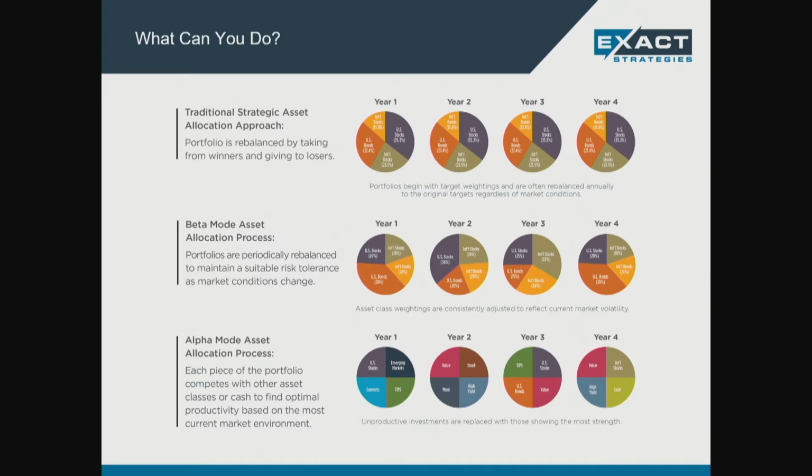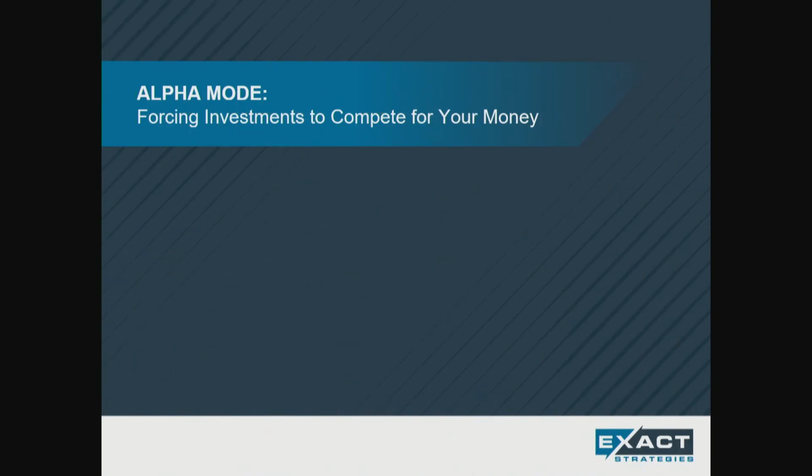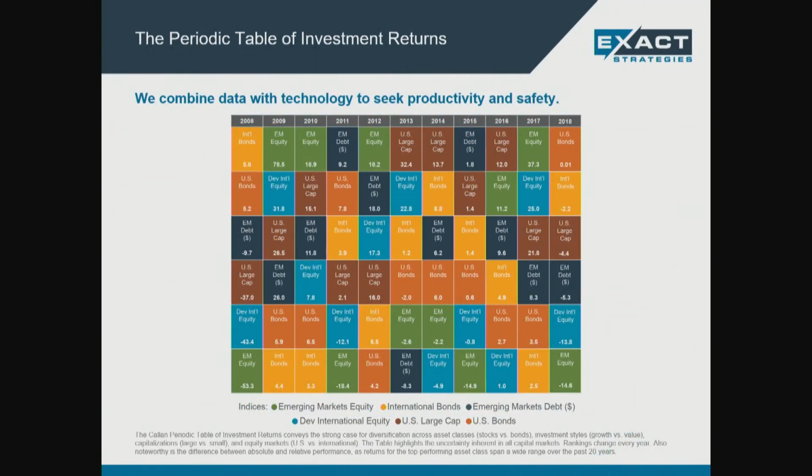So let's start with the alpha mode, which forces these investment ideas to compete against one another to earn a spot in your portfolio. So we talked about earlier, what we do is we combine, like Google Maps, data with technology to seek productivity and safety.